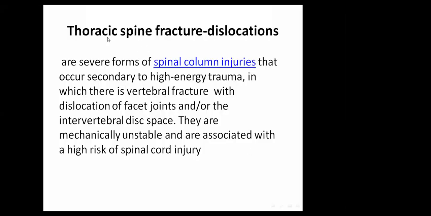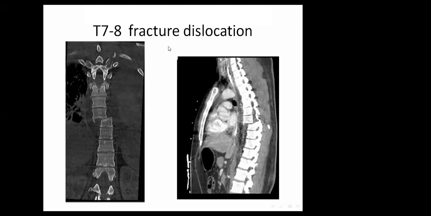Other type of fracture: thoracic spine fracture dislocation, a severe form of spinal column injury that occurs secondary to high-energy trauma. There is vertebral fracture with dislocation of the facet joints and or the intervertebral disc space. They are mechanically unstable and are associated with a high risk of spinal cord injury. Fracture dislocation at T7, T8, on CT sagittal section and coronal section.